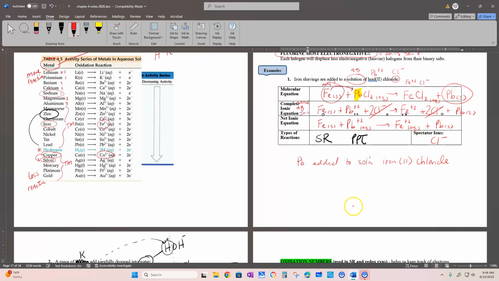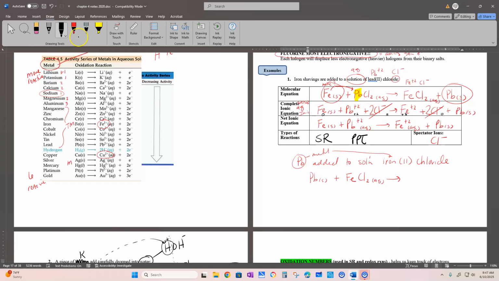Okay, so if I had Pb solid and it's added to a solution of FeCl2, balance my charges. So lead, being a metal, is looking to replace that iron. So on the activity series, let me erase all my circles over here.